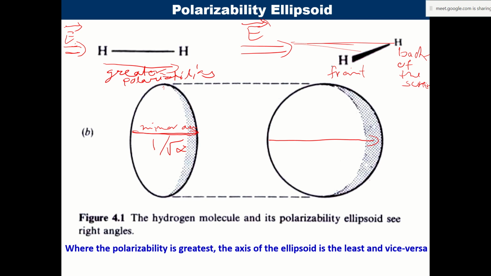So this is the view of the polarizability ellipsoid at right angles. So जहाँ पे polarizability ज़्यादा है, axis वहाँ पे short हो जाएगा, it will be smaller, and vice versa.